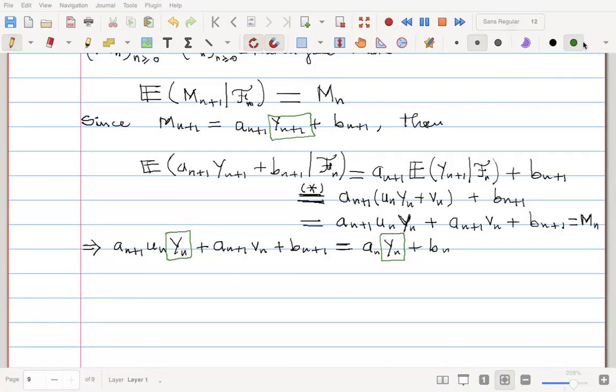It would just mean that this coefficient here will be equal to a_n, and this other coefficient, the next term, this one, will be equal to b_n, right? So I can write my system. So we obtain a system.